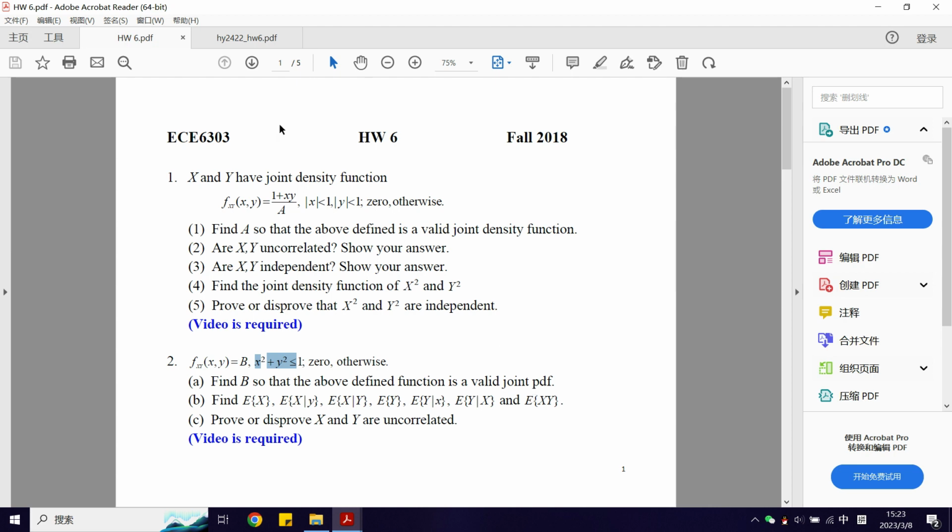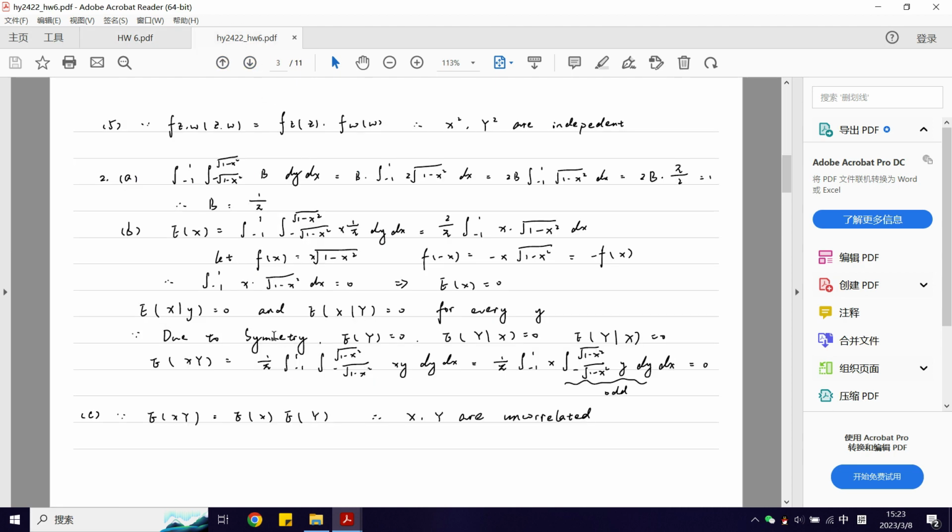From now we get that the first 6 expectations are always equal to 0, and finally we need to calculate the expectation of x times y.